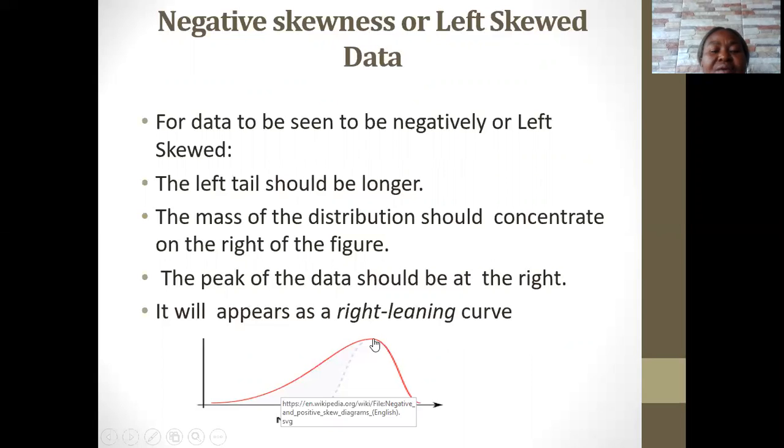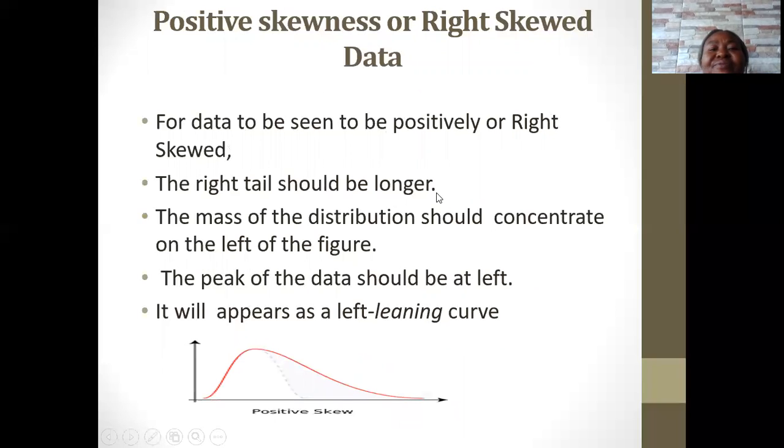The peak of the data should be at the right, and the data should appear as a right-leaning curve. Even though it's a right-leaning curve, it's also seen as negatively skewed data. It describes negative skewness or left skewed data.